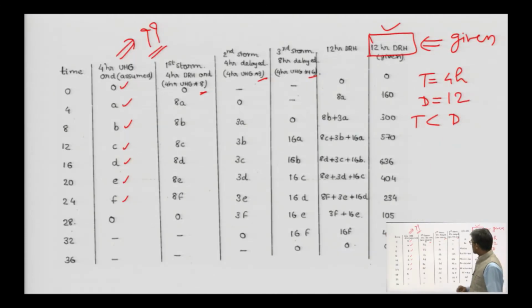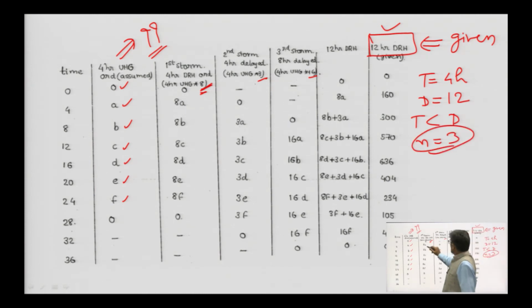So what we will do, we will multiply these ordinates by 8. Here, since t is equal to 4, n will be 3 for the splitting. First term, second term, third term: the ordinate for the first term will be multiplied by 8, the second by 3, and the third by 16.